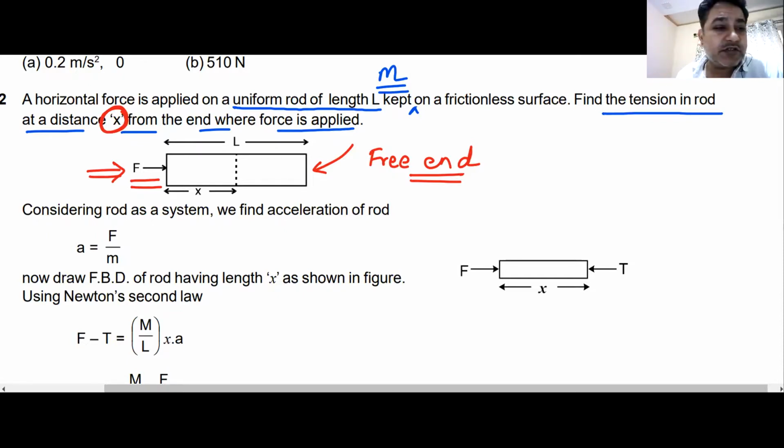I hope you have understood the question, everyone. Yes or no? Everyone understands the question?